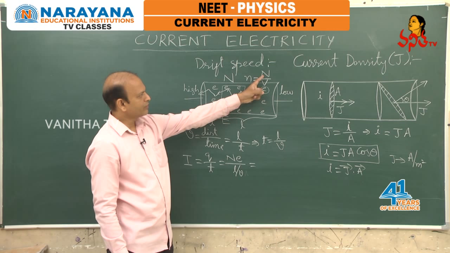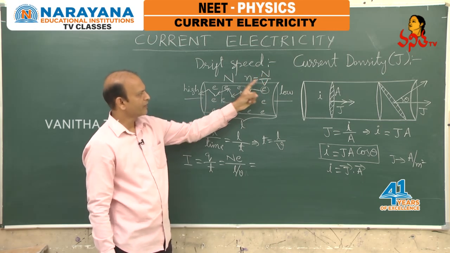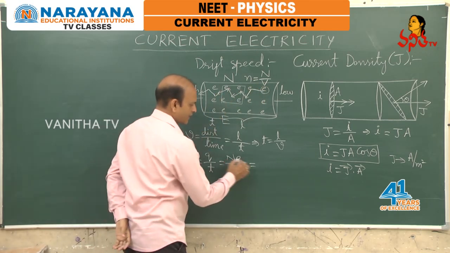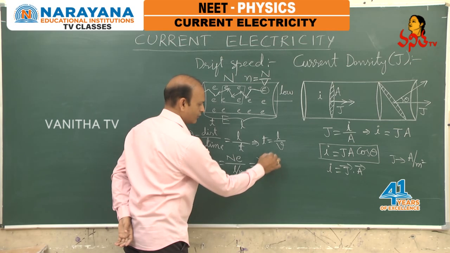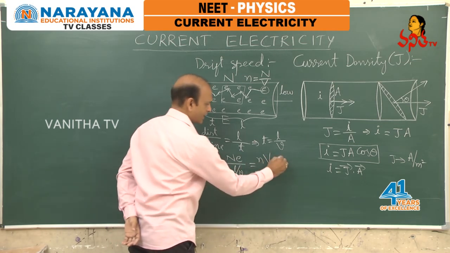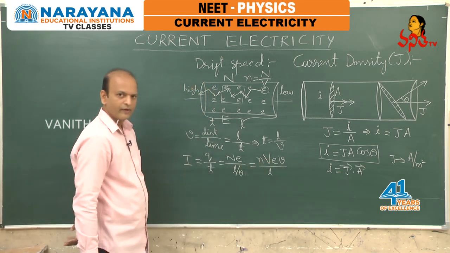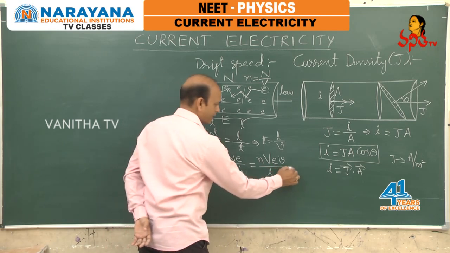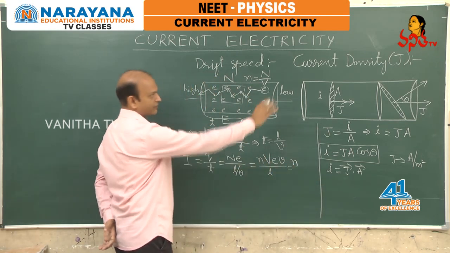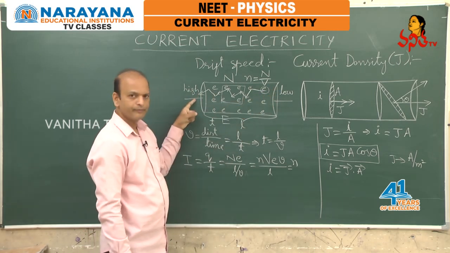But according to this small n formula, capital N is equal to n into volume. So that capital N can be written as small n into volume into e, and velocity goes up by L. And here, n into volume of this material, let us write as area of cross section into length.